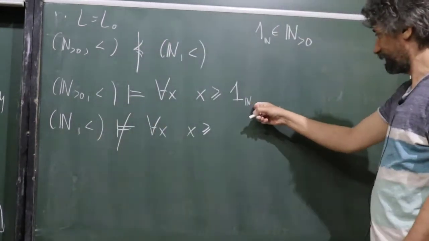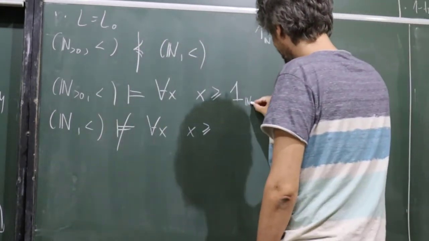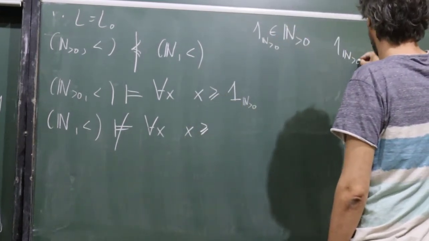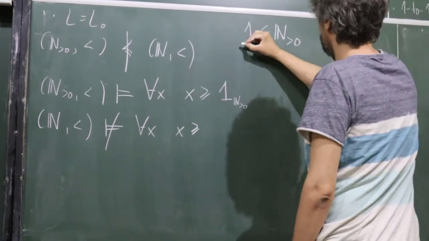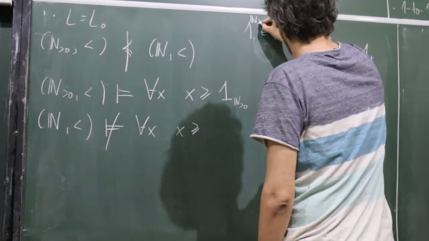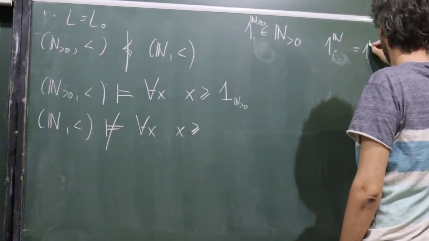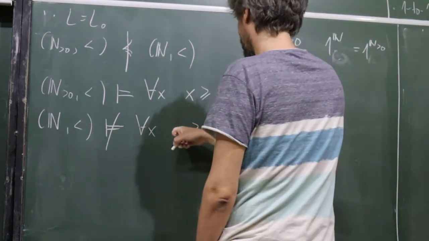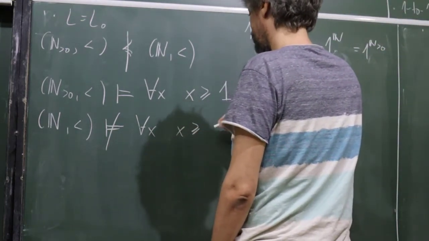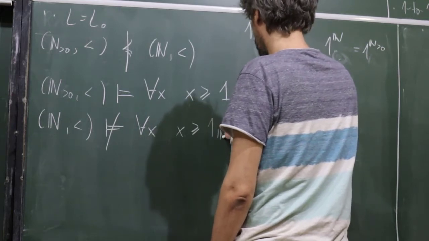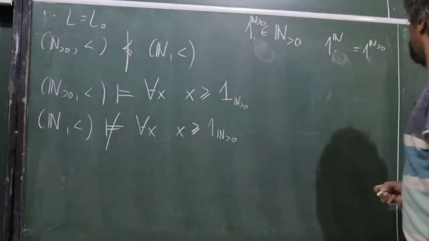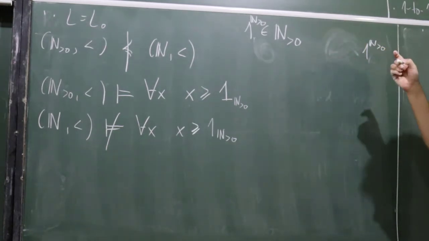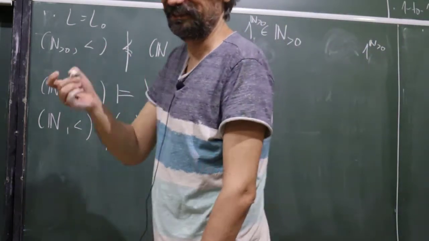Well, I could also put here greater... okay. So you see what happens if I try to write this. Because it's a substructure, 1 is the same. You take the parameters from the substructure, which are naturally interpreted in the superstructure as the same element.